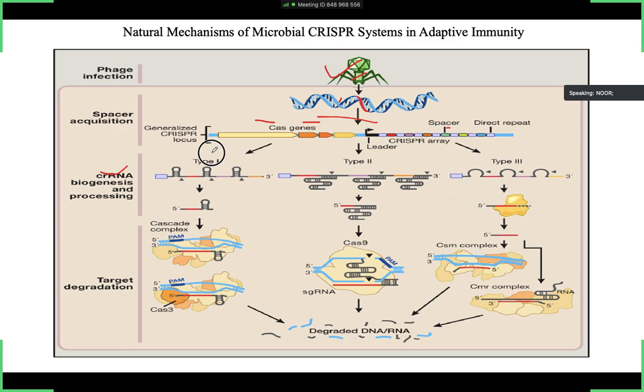This is type 1. I don't want to talk about this. In type 2, the invaded genome goes to the spacers, and there will be biogenesis of the CRISPR RNA.